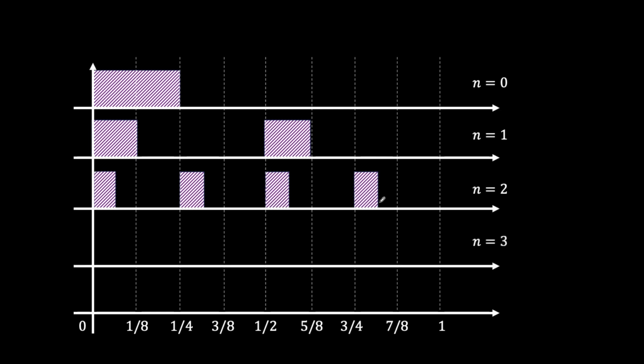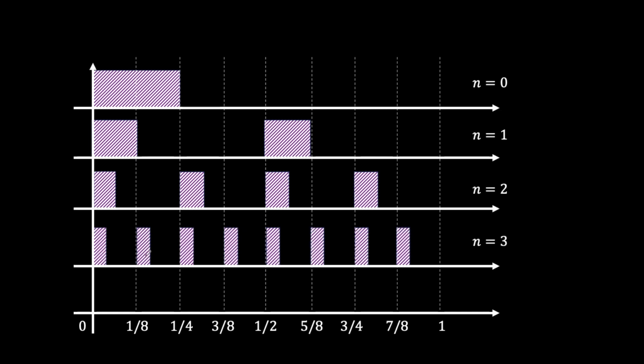When n equals 3, we expect to have the lag existing at x equals 0, at x equals an eighth, at x equals 2/8, x equals 3/8, x equals 4/8, which is a half, 5/8, 6/8, 7/8, right?